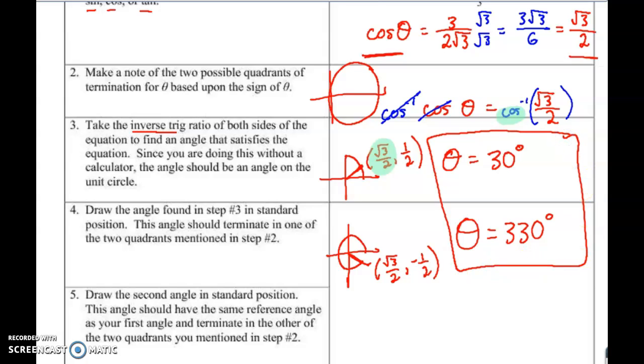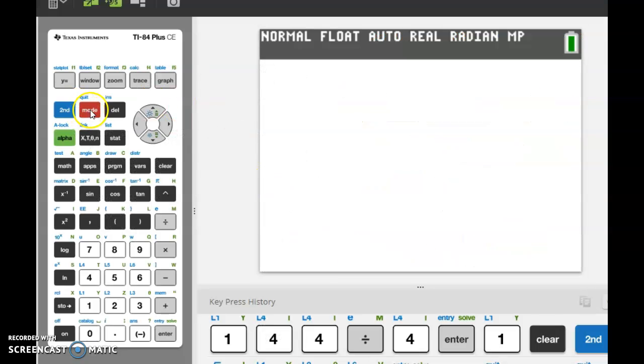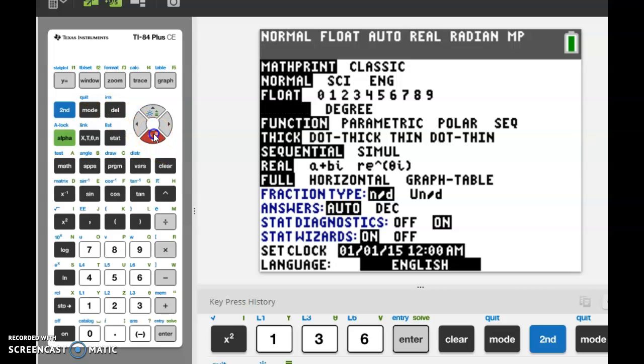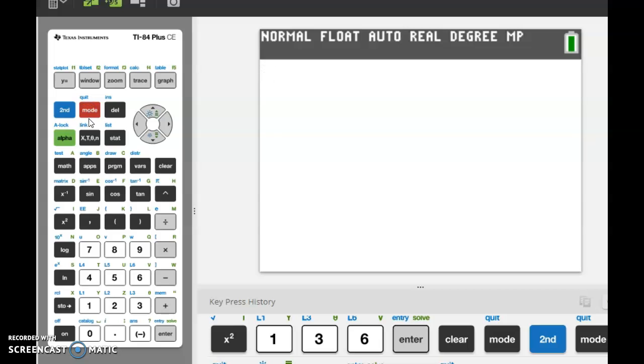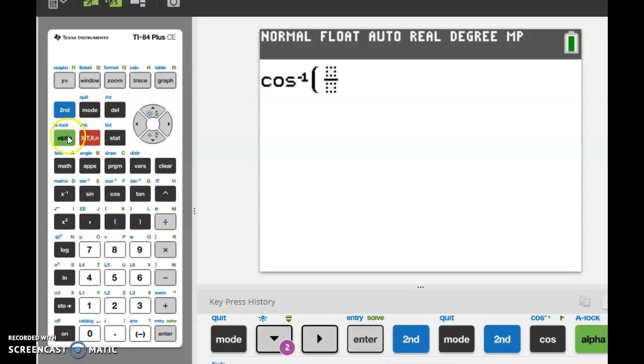Now, I do want to point out that if you use the calculator, let me pull up a calculator real quick. The very first thing that you want to do is make sure you're in the right mode. So click mode, switch over to degree, and then quit out of that. To get inverse, you hit second cosine, and I'm just going to make it a fraction by doing alpha x. Some of you might do a fraction by doing alpha y equals and grabbing that equation.